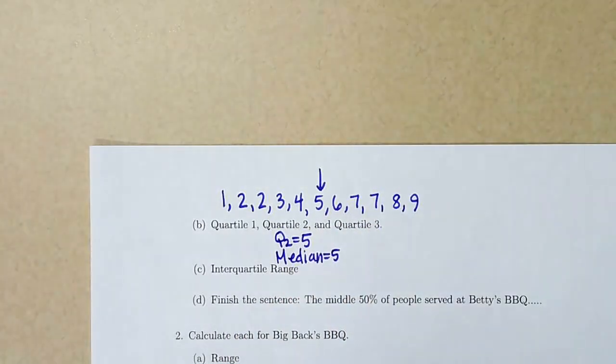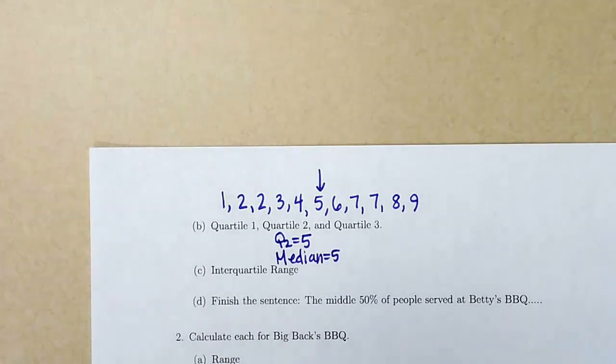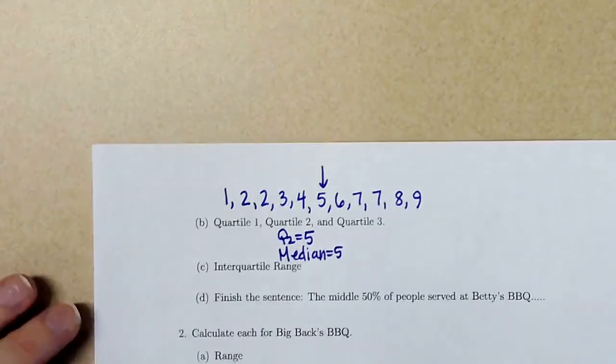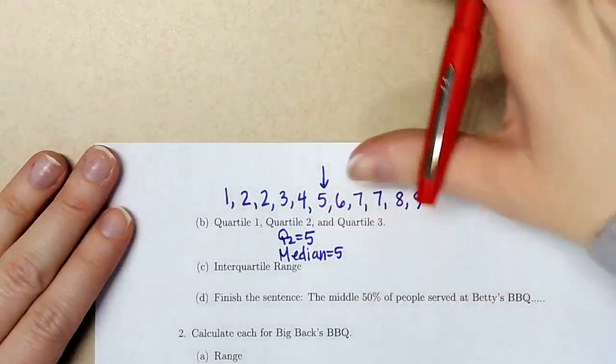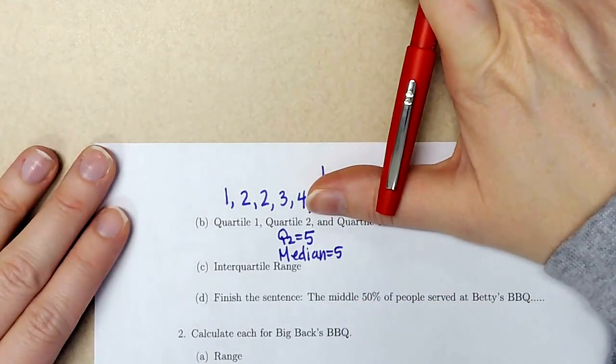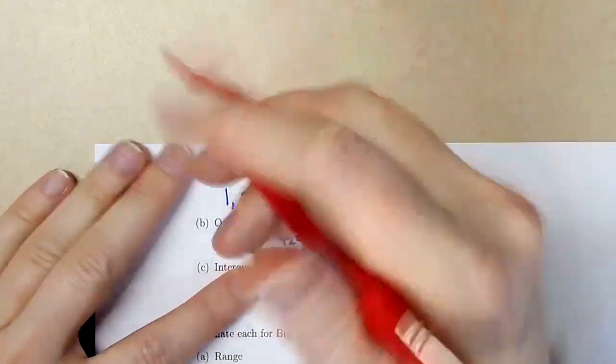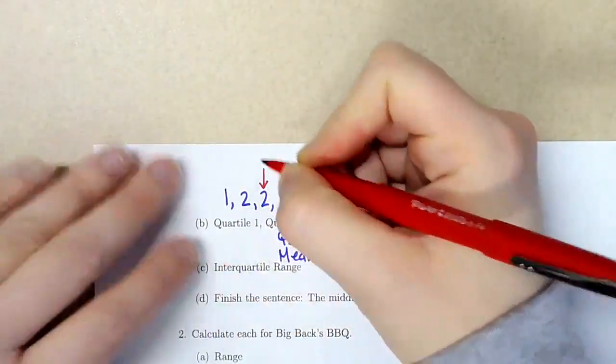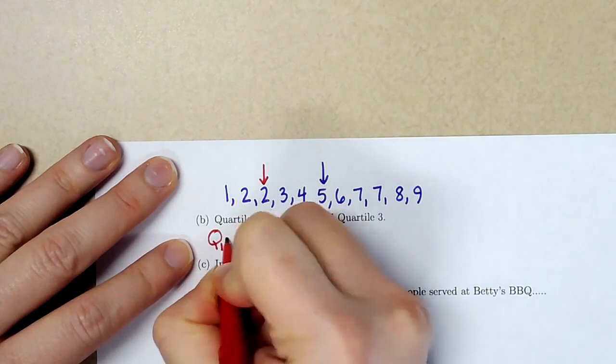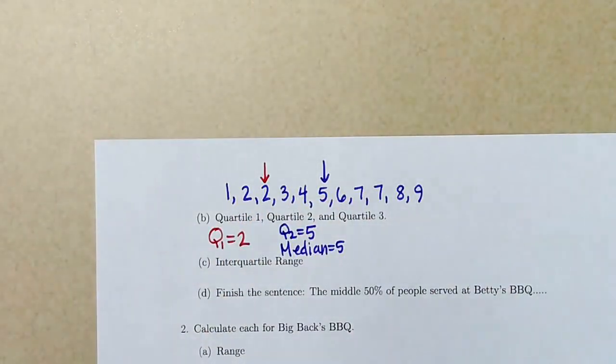Okay, same for quartile 1. So now we look at the low half. There's the middle. We look at the low half and we find the middle of that. There it is, 2. So Q1 is equal to 2.